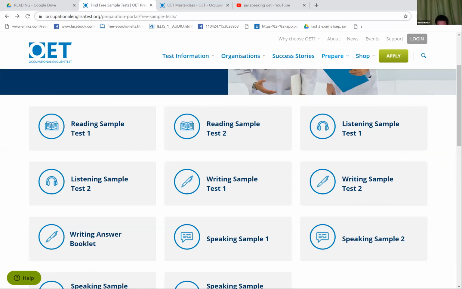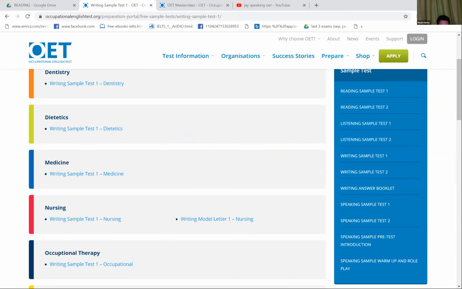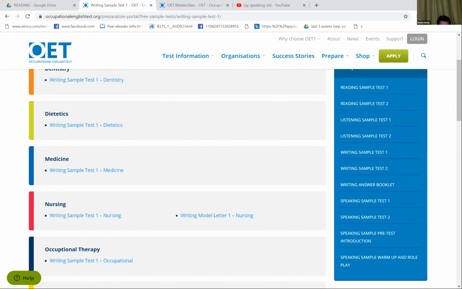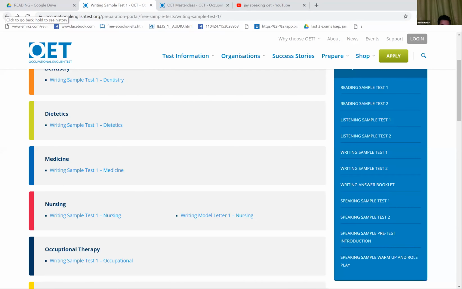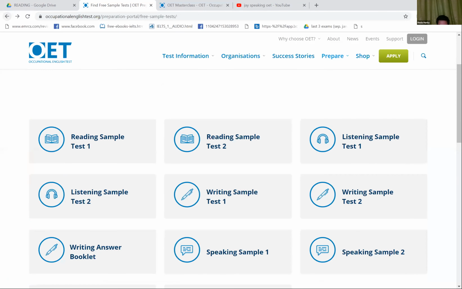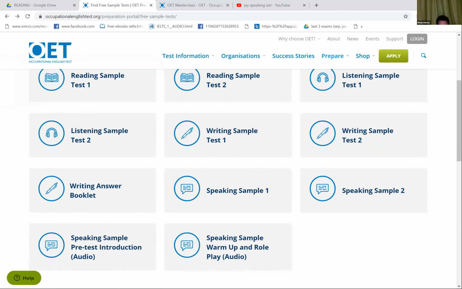Writing test, writing sample. Yes, this is the answer booklet.